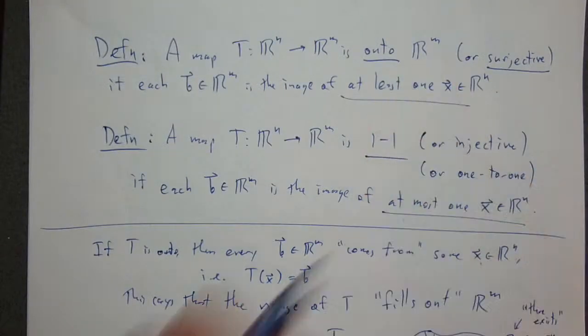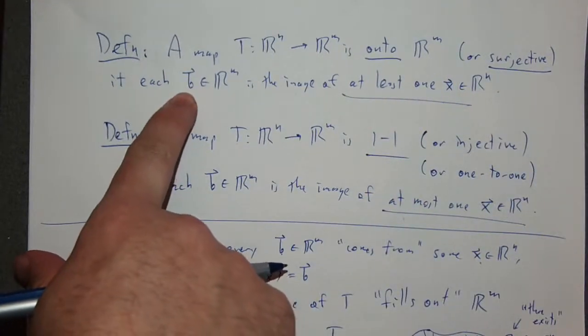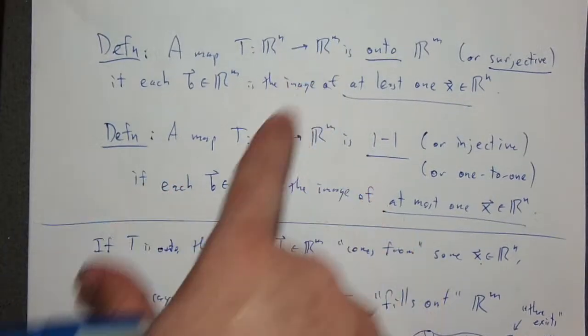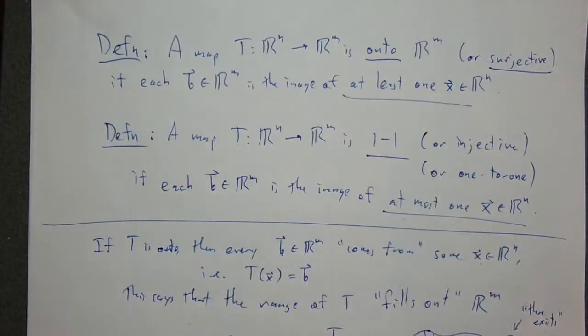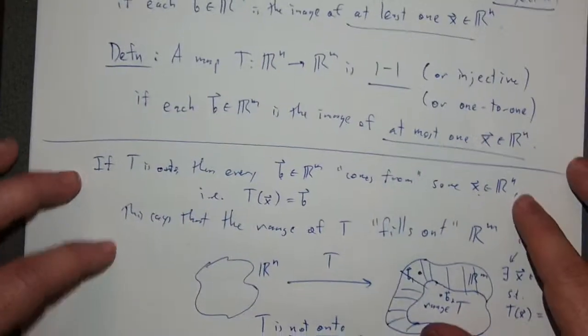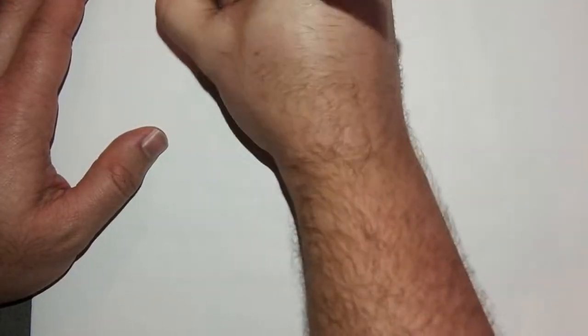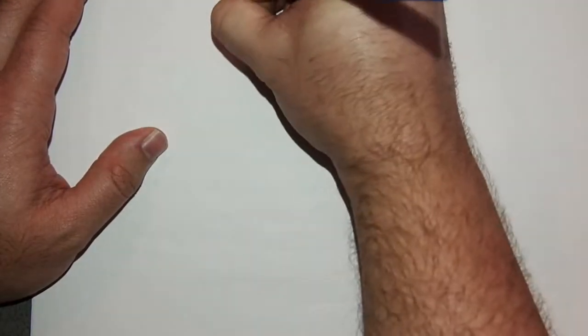Because for an onto map, every single vector in the codomain is the image of at least one x in the domain. So what does it look like if T is onto?